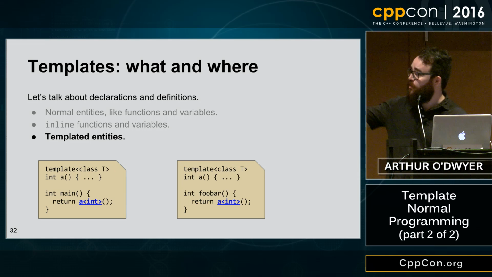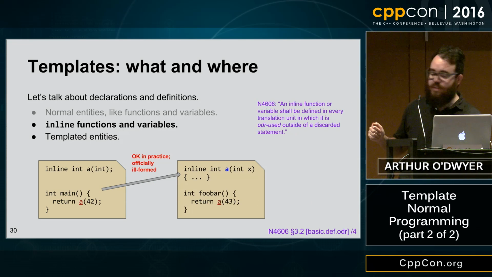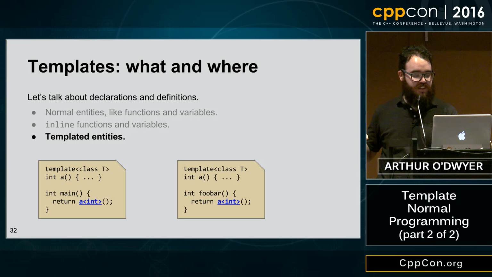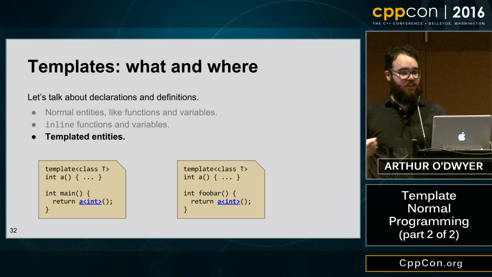Here I'm using a particular specialization of A. By the way, I've been color coding these: I've been underlining where the thing is needed, and bluing where the thing is actually defined. So here it's needed and defined in the same place, and over in foobar it's needed and defined in the same place, and it all works great.